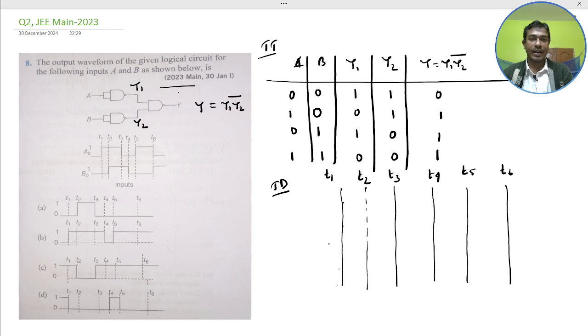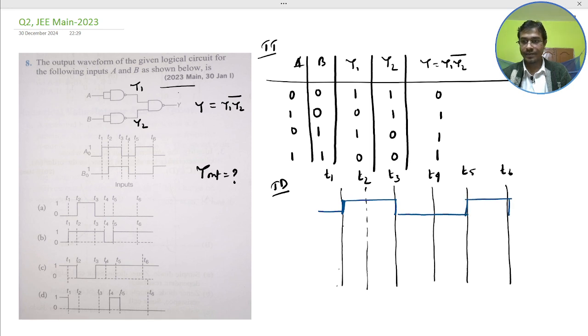So first of all, here also this is input. So you have to find the time diagram of the output. Here the input is given. I just write this in another pen, this is T3 and T5.